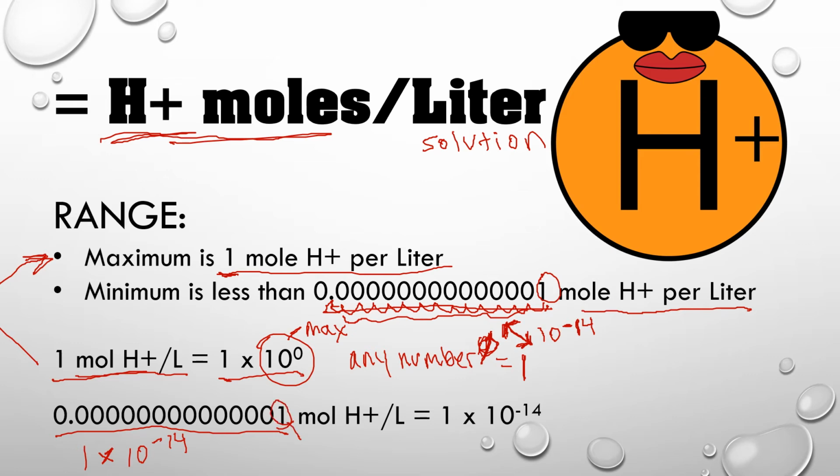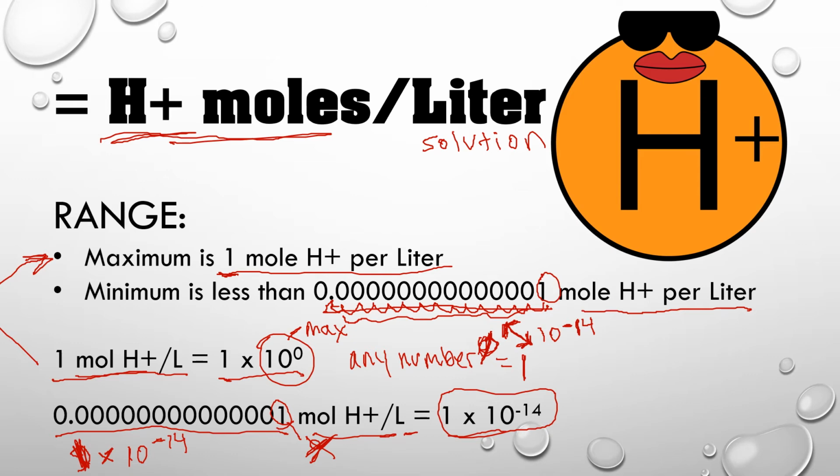If this were a 9, then it would be 9 times 10 to the negative 14th. But it's not, so it's 1. So I just say for short 10 to the negative 14th moles of hydrogen ions per liter of solution is the 1 times 10 to the negative 14th.